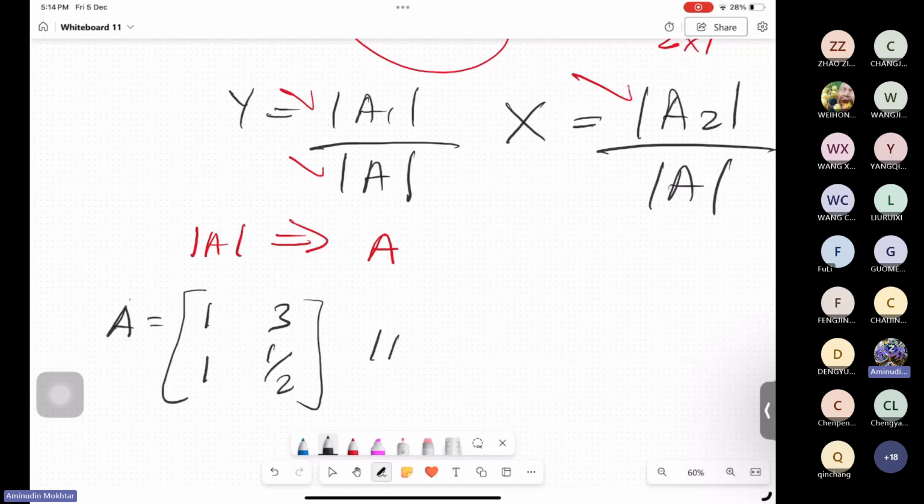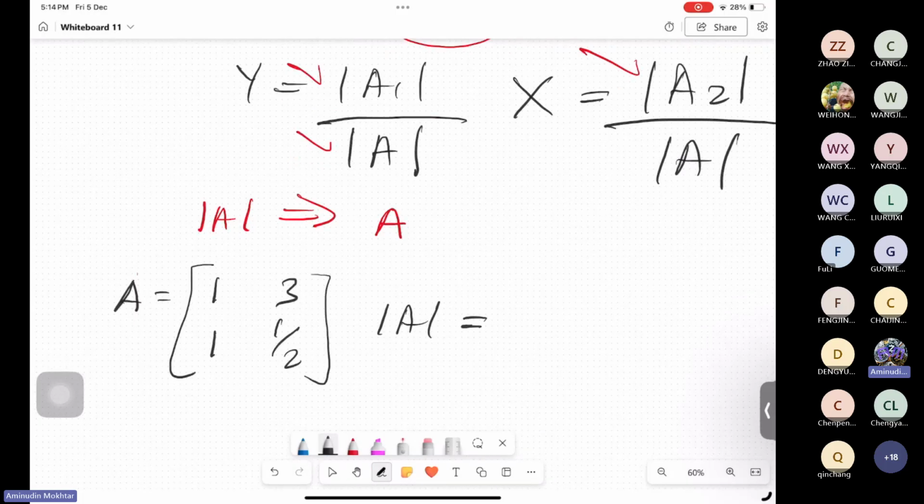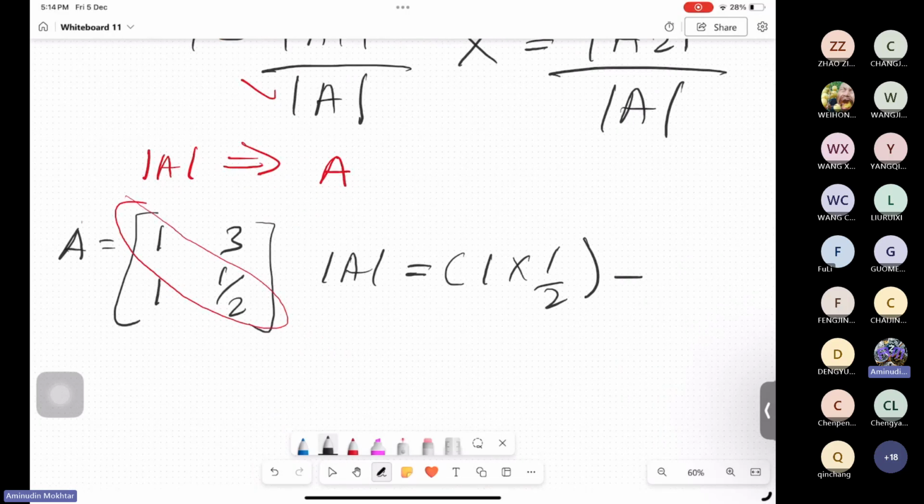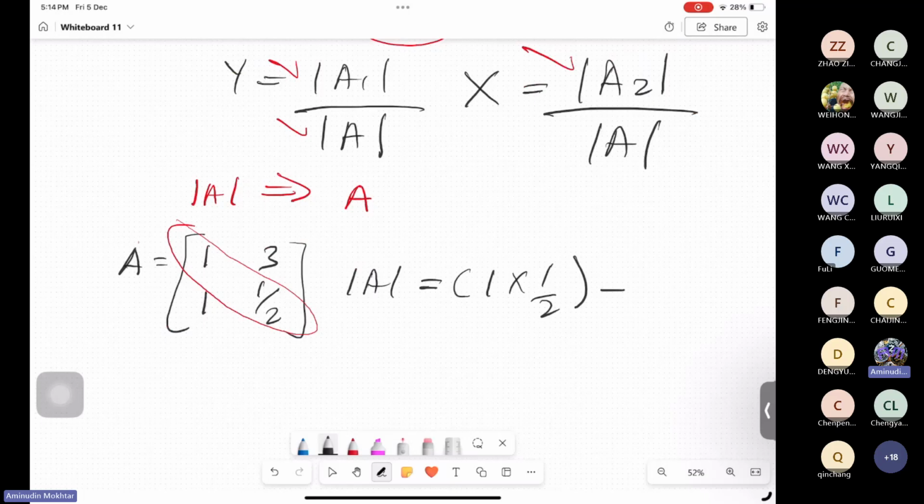So what is the determinant of A? Again, we can apply the same rule, like before when I showed you how to find the determinant in the inverse matrix. First, identify the main diagonal. We find the product 1 times 1 over 2, minus the product of the other two numbers, 1 times 3.